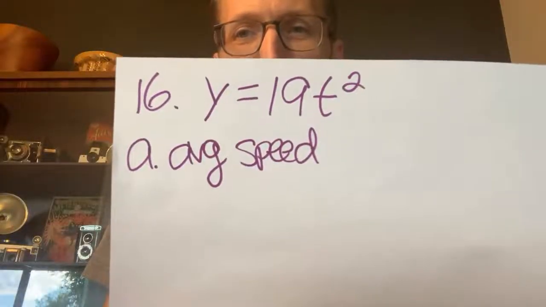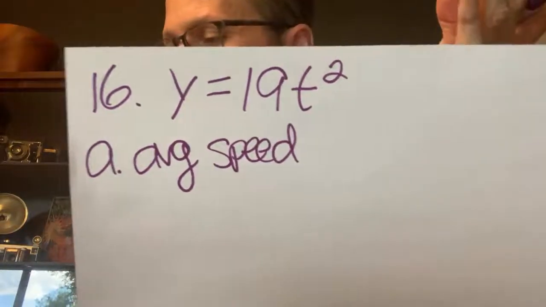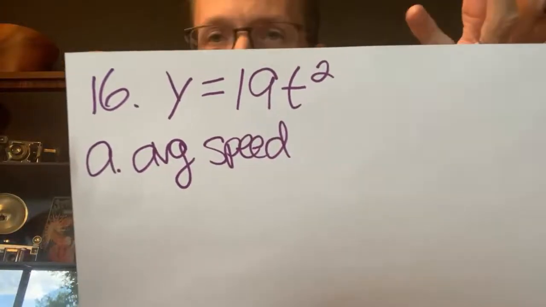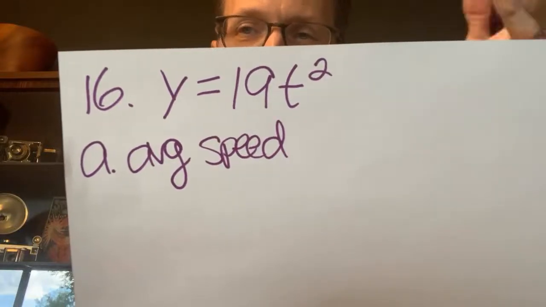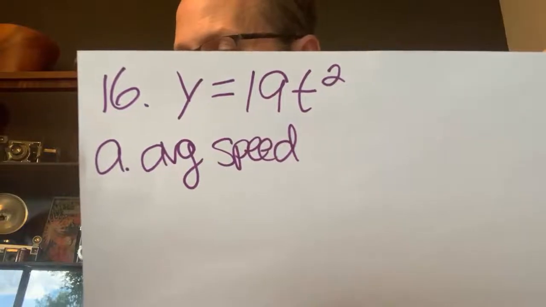So here's the first question. Question number 16. It's y equals 19t squared, which is basically representing like the distance that an object falls. So it doesn't have a negative sign, so it's not representing the position of an object. And so the first question is just find the average speed for time equals 0 to time equals 9.